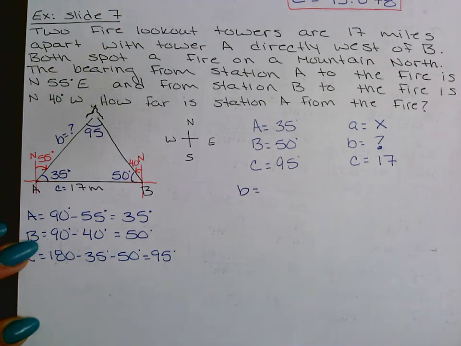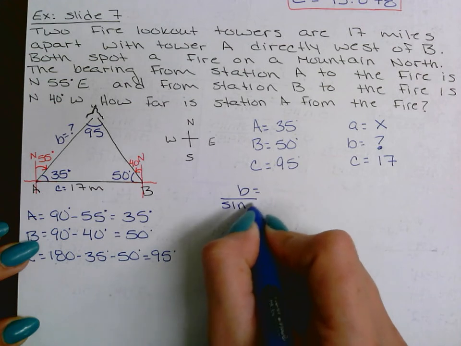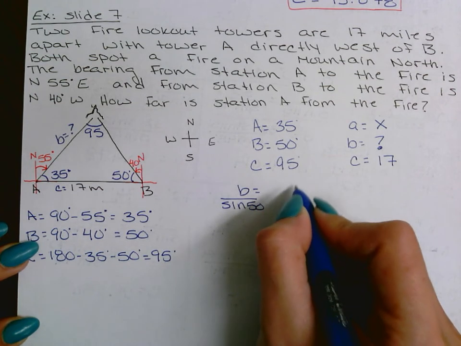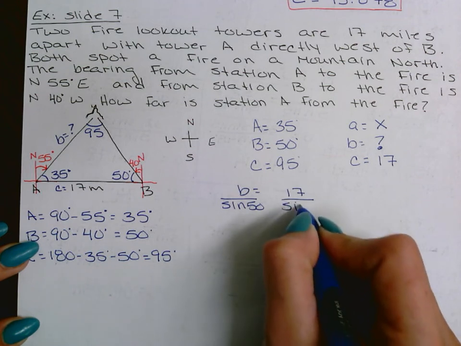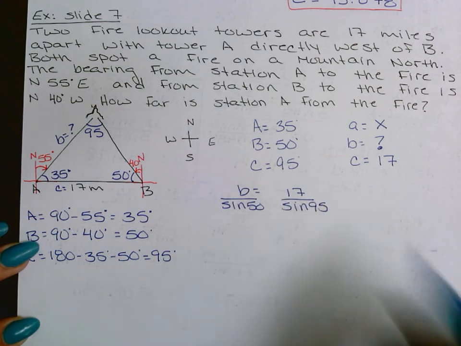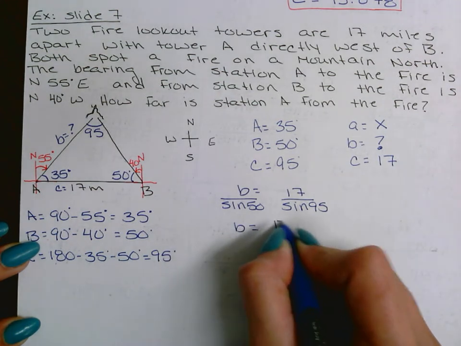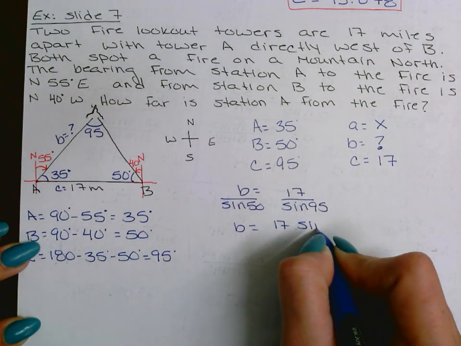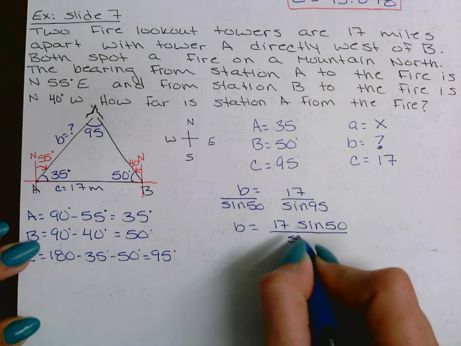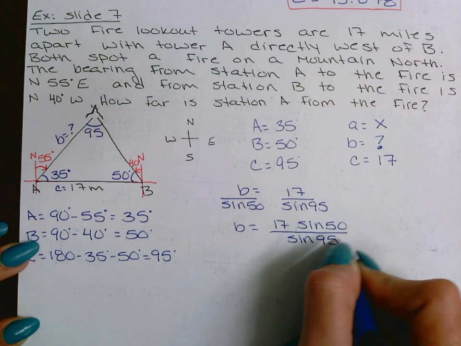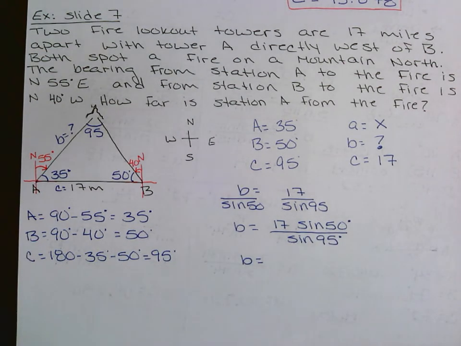So, whoops, b over sine of b equals the match that I have, which is 17 over sine of 95. Multiply this sine of 50 over, and plug that into your calculator.